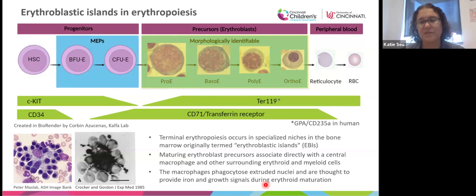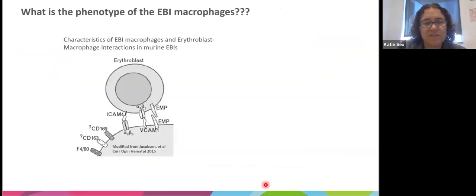And so this is a very basic, overly simplified overview, just to introduce a couple of markers. We had some very basic understanding of adhesive interactions that regulate the attachment of erythroblasts to the macrophages.